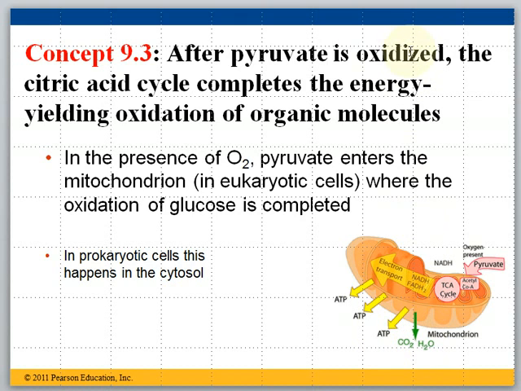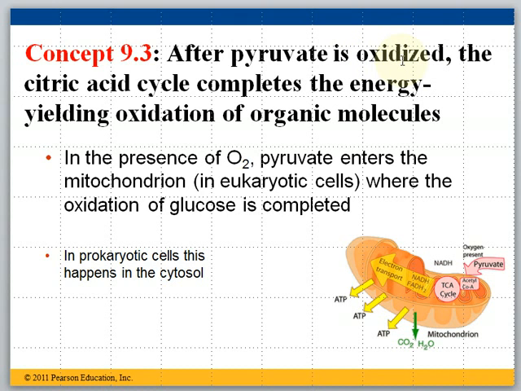Remember, we said it's oxidized, but we said glycolysis doesn't require oxygen. So don't confuse the word oxidation or oxidize with has to have oxygen. Oftentimes oxygen is what does the oxidizing, but just remember that phrase just in general means that the material is losing electrons, becoming more positive. And it doesn't have to be oxygen that causes that, but oftentimes it is.